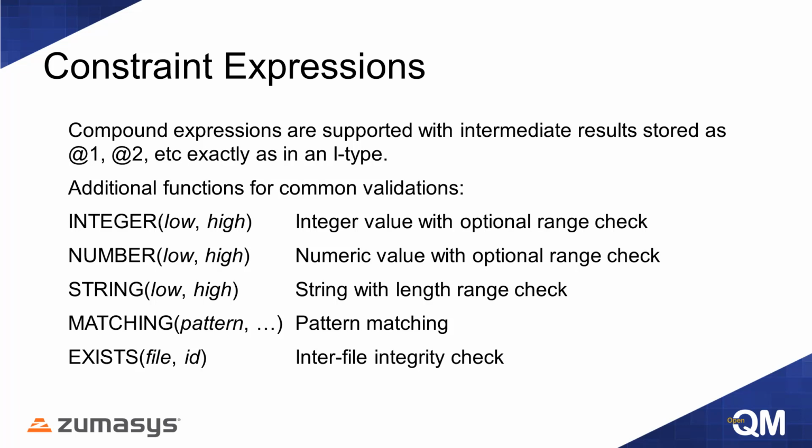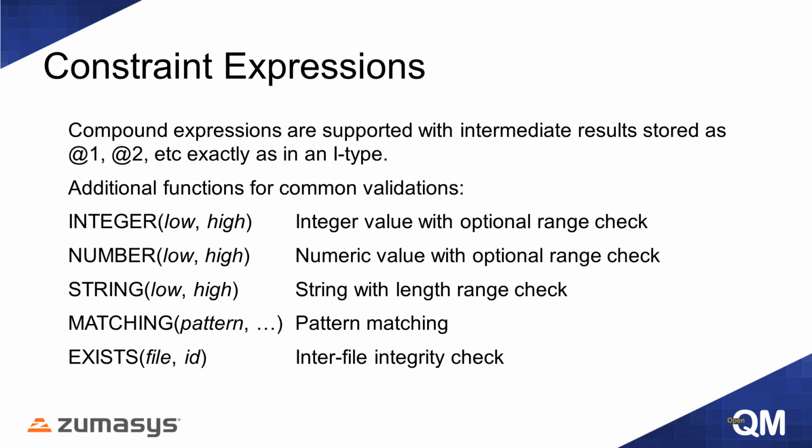Very often we want to check that a field contains an integer value, and we might want to check it's an integer value in a particular range. The integer function allows us to do that, and we can specify low and high range checks, both of which are optional. Similarly, the number function says numeric value, so this time it might not be an integer, but it must still be numeric.